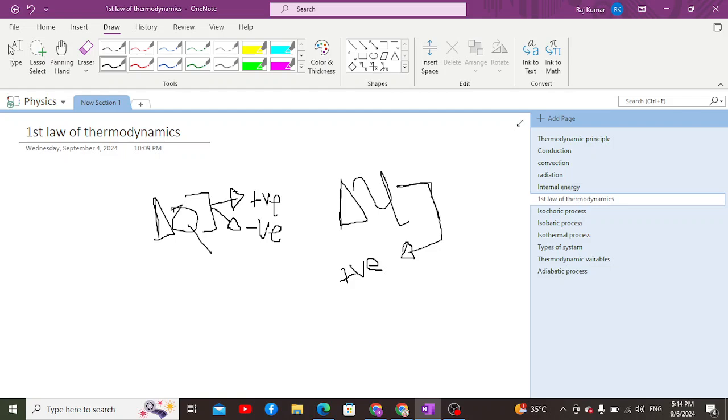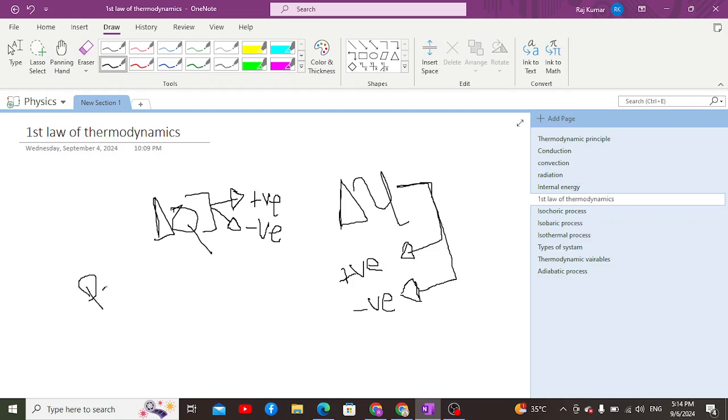In ideal cases, we consider the increase in internal energy equal to the increase in kinetic energy, which ultimately leads to an increase in temperature. Likewise, if there is a decrease in internal energy, that simply means there is a decrease in the temperature.